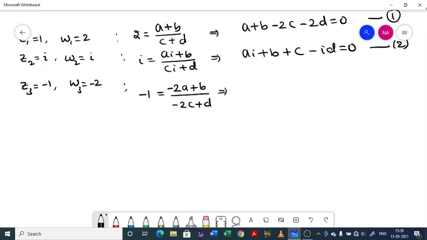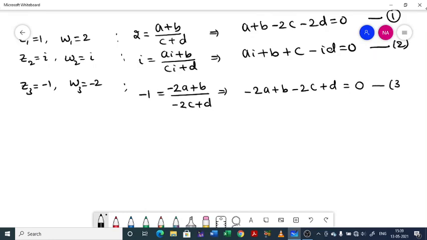That implies we will be getting minus 2a plus b plus 2c minus 2c plus d equal to 0.